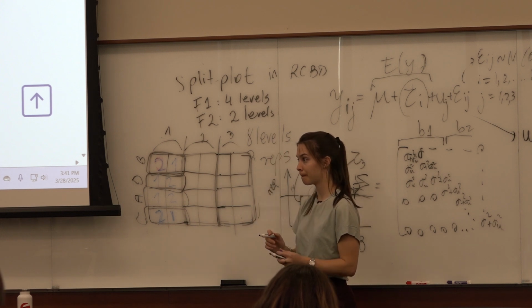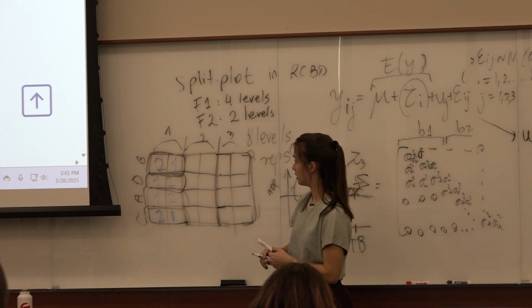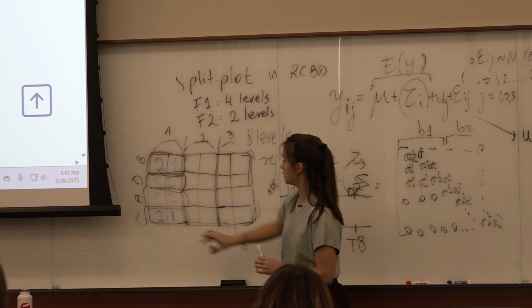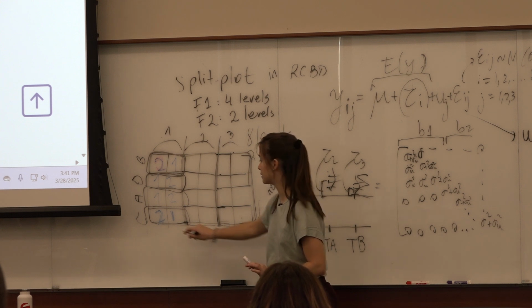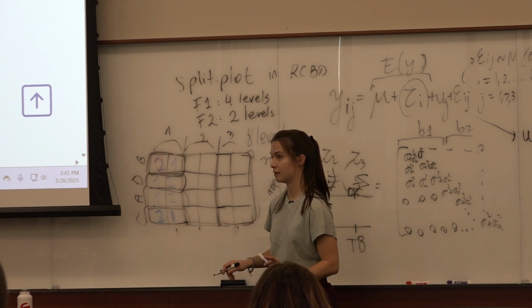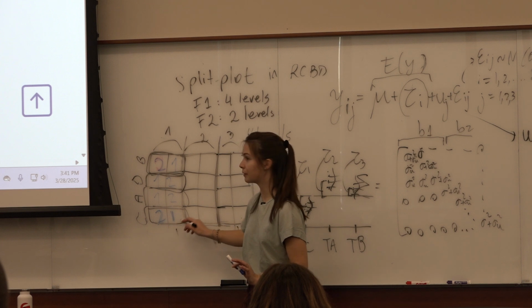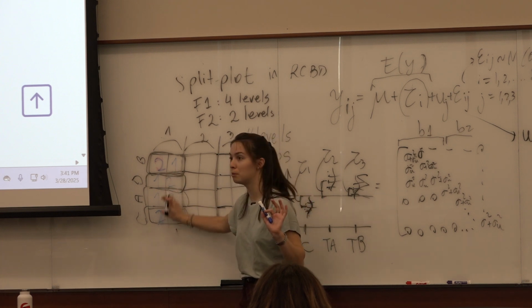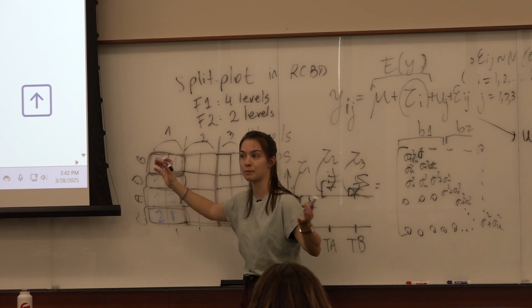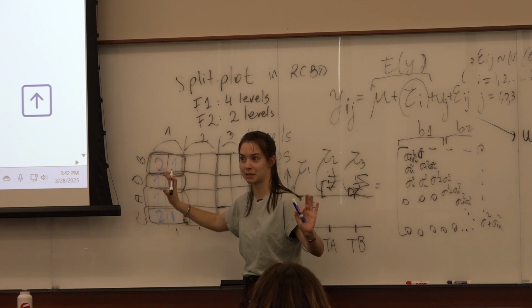So it goes blocks, right? And inside here, it's not that everything is independent, right? We have small blocks again inside the other blocks. Does that make sense?